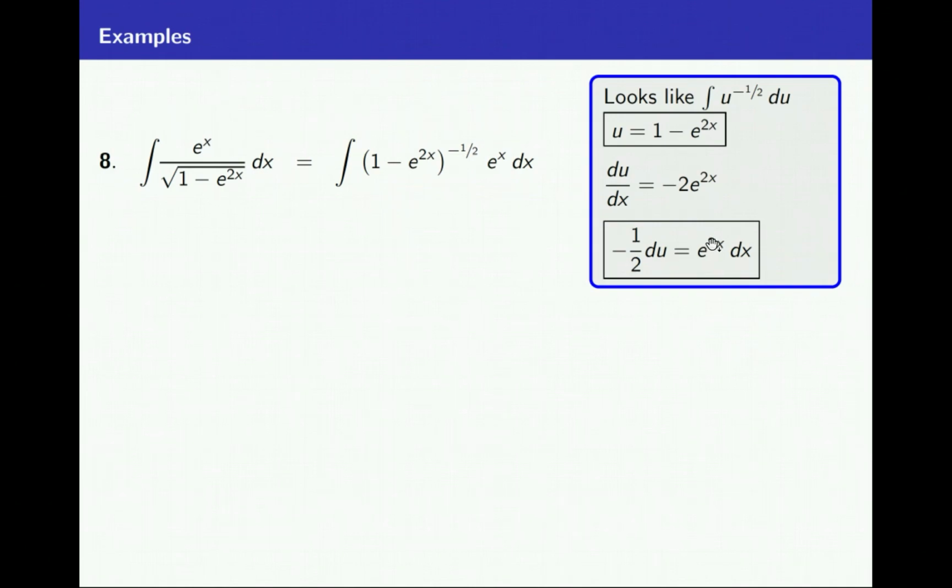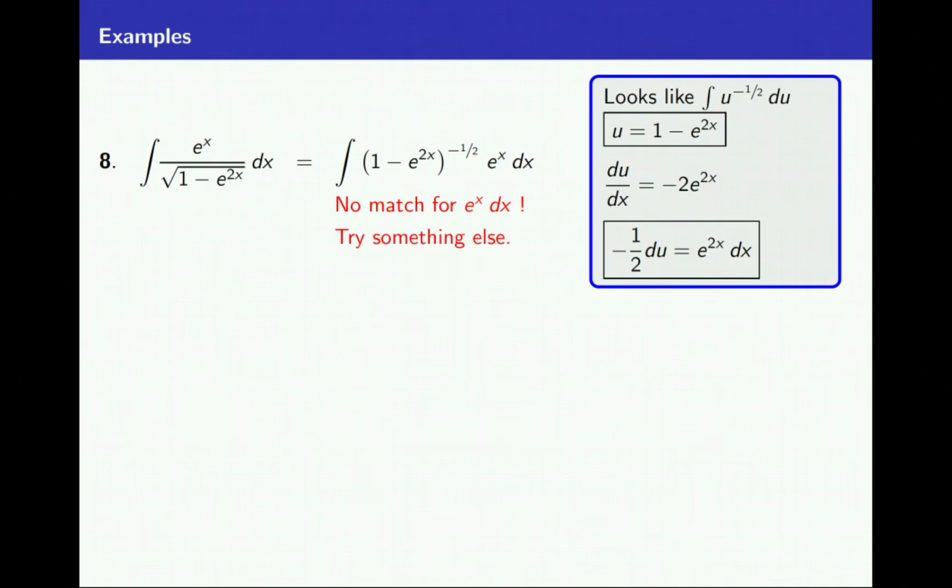If only you could get rid of the 2 in this power, you'd have e to the x dx equals minus 1/2 du. But there's no algebra you can do to get rid of that 2. So unfortunately, we have no match for e to the x dx.